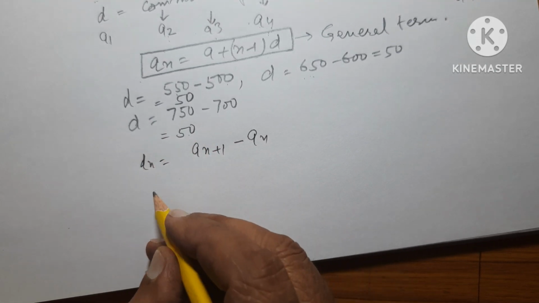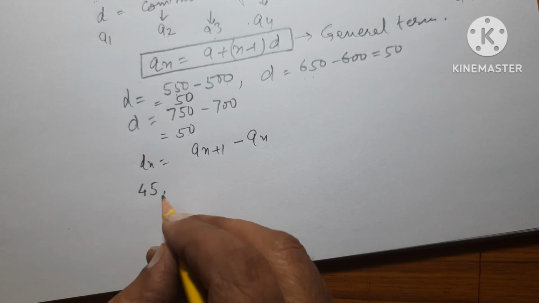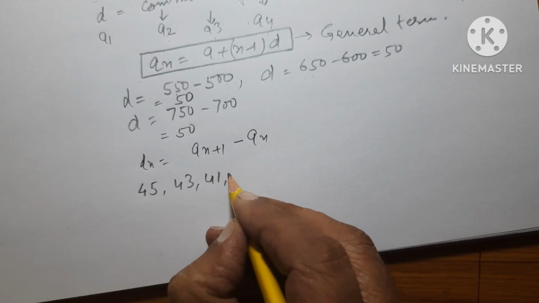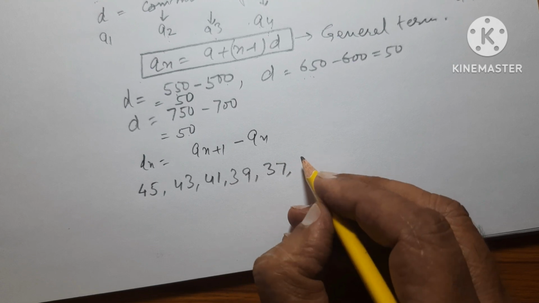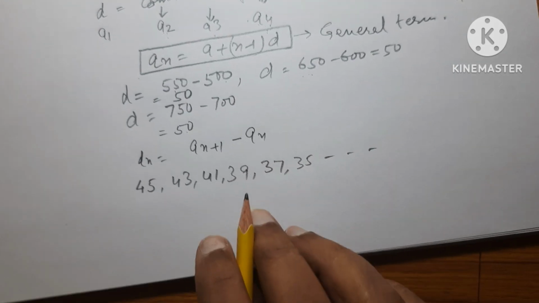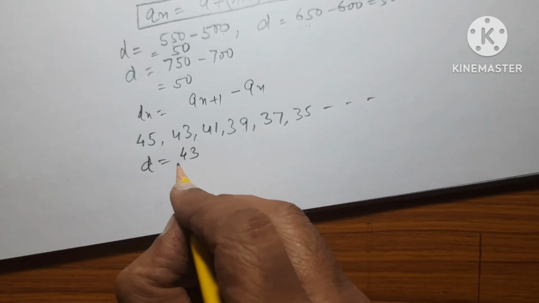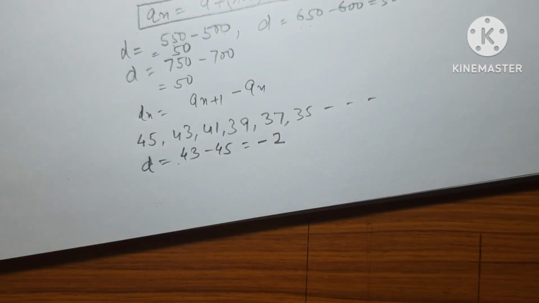For example, if I am writing a sequence like this, 45, 43, 41, 39, 37, 35, and so on. So here d is how much? It is 43 minus 45, which is equal to minus 2.